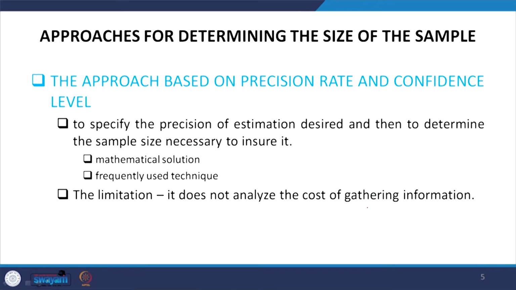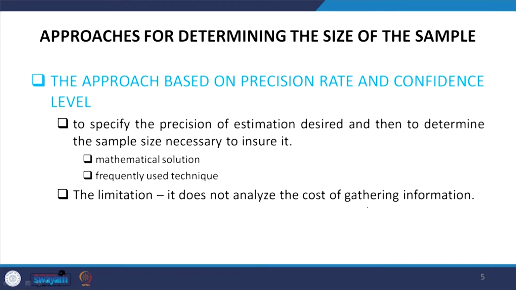Okay. Now, what are the approaches for determining the sample size? It is precisely based on the confidence level as well as the precision rate. To specify the precision of estimation desired and then to determine the sample size necessary to ensure it, we do require a mathematical solution as well as frequently used techniques.